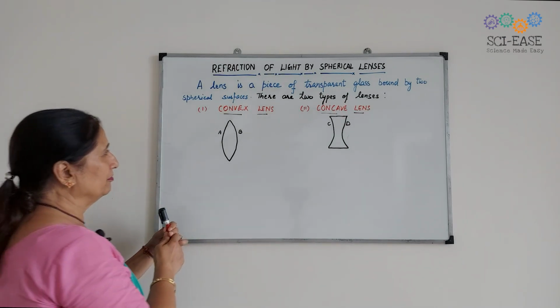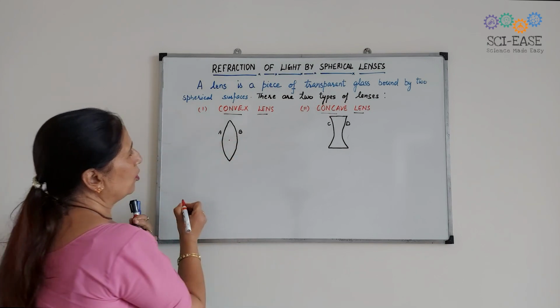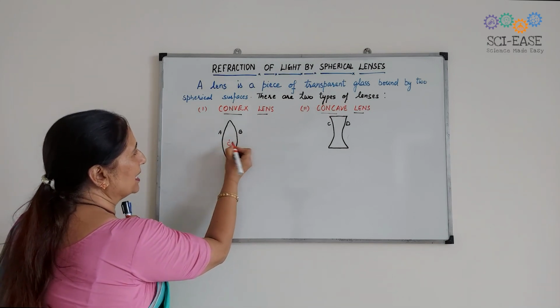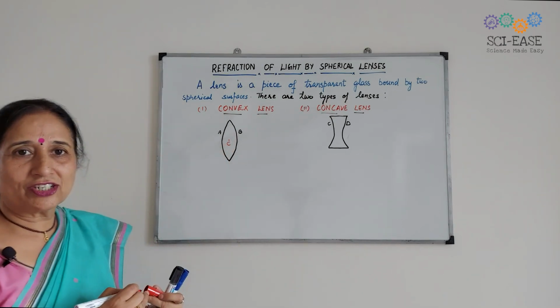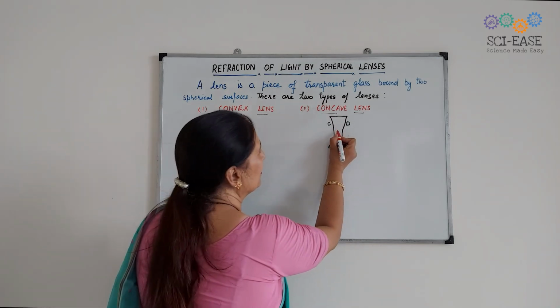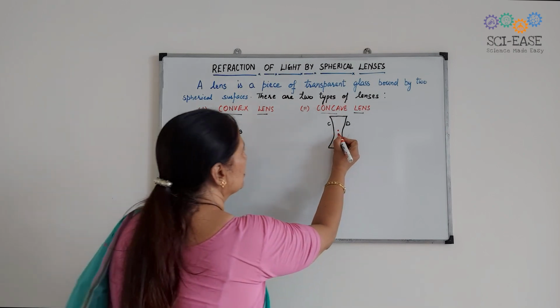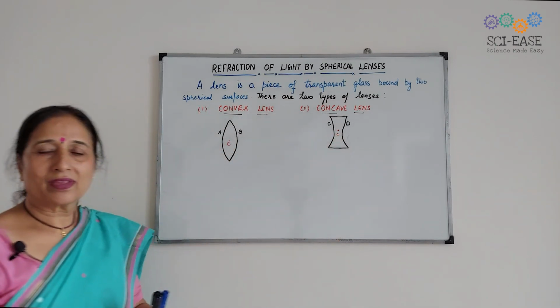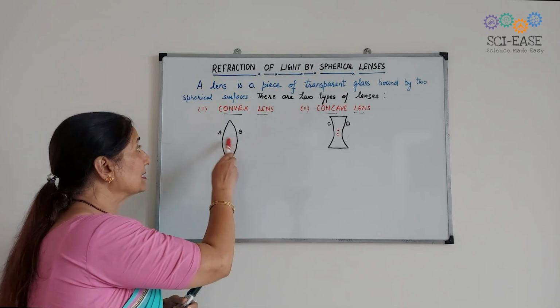I will draw with a red pen. The center of the lens, which is marked by C, is the optical center of the convex lens, and here it is the optical center of the concave lens, also marked by C. So one term is clear, the optical center is in the center.